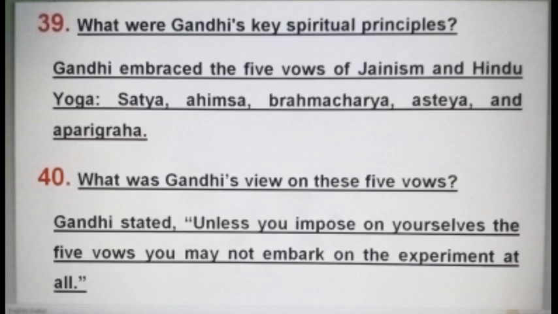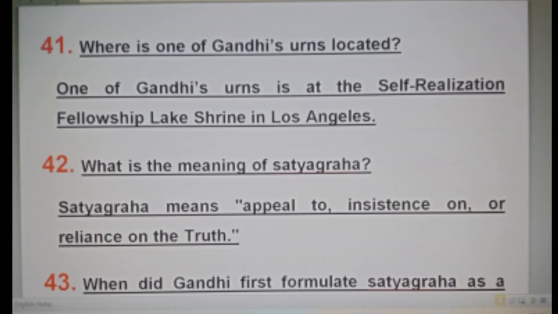Gandhi stated, "Unless you impose on yourself the 5 vows, you may not embark on the experiment at all." Where is one of Gandhi's urns located? One of Gandhi's urns is at the Self-Realization Fellowship Lake Shrine in Los Angeles.